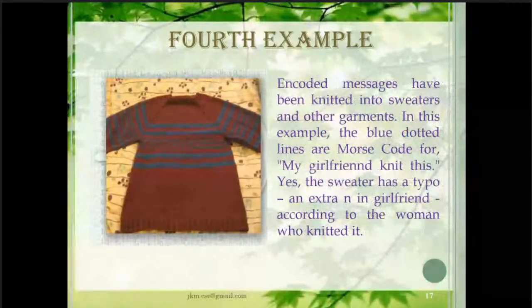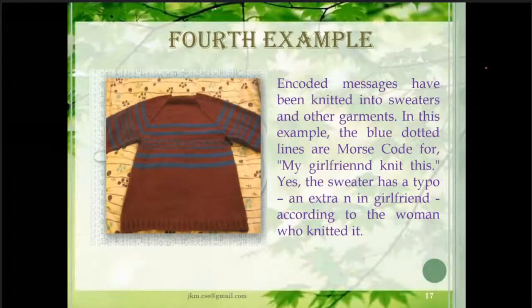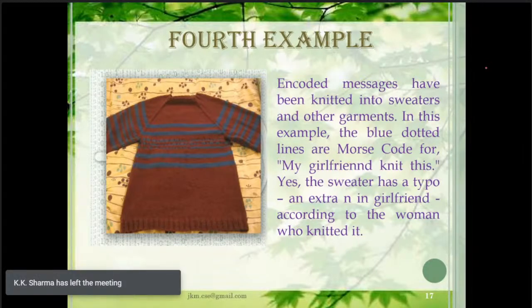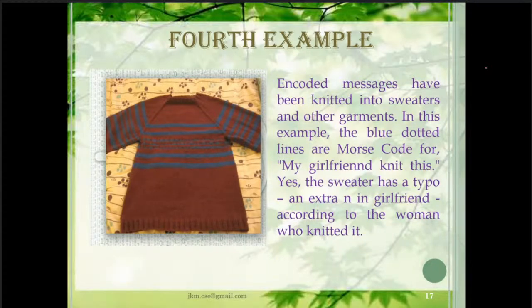Now this is another interesting example. You see that this is a sweater. So I am wearing the sweater and loitering in the mall and everywhere. No one will notice that. If it is winter season, no one will wonder why the girl is wearing a sweater. But the intended recipient will see that there may be some code written. What is the code?